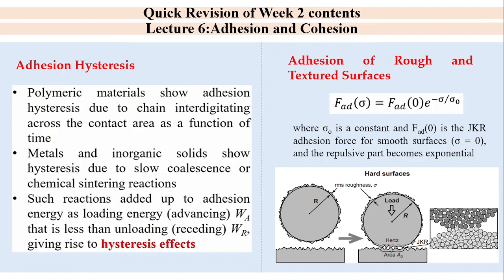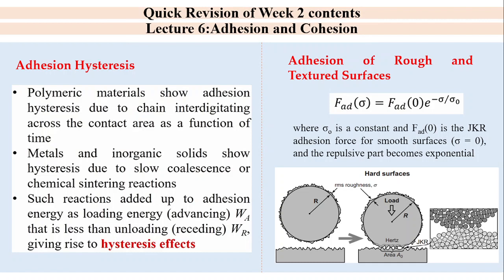Next, adhesion hysteresis was discussed, as well as the adhesion of rough and textured surfaces. Polymeric materials show adhesion hysteresis due to chain interdigitation across the contact area as a function of time. Metals and inorganic solids show hysteresis due to slow coalescence or chemical sintering reactions.